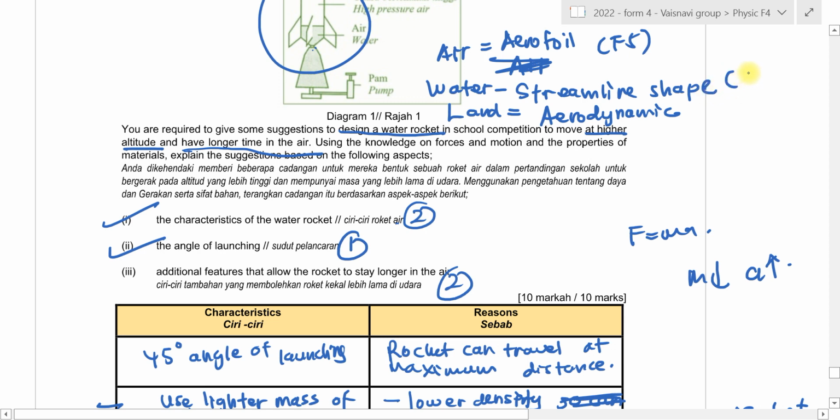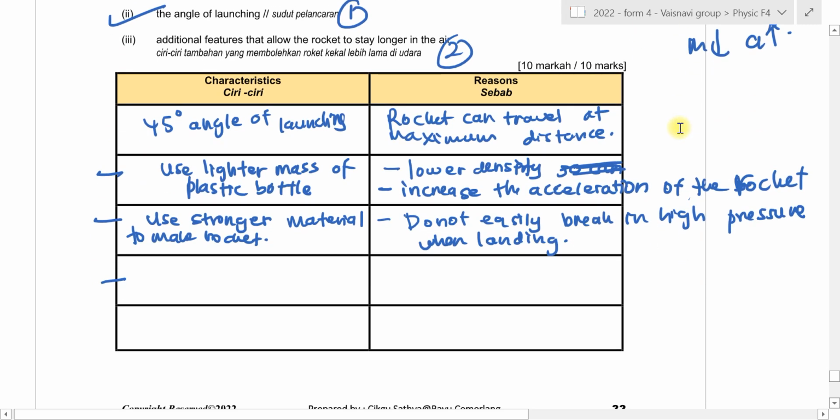Streamline shape kita tak belajar mana-mana lah. Yang ni, just you must have the knowledge. Aerodynamic ataupun water. Okay, sekarang water rocket ni, walaupun dia pergi ke udara, kita tak guna aerofoil lah. Aerofoil tak sesuai kita gunakan untuk roket air. Jadi kita guna aerodynamic shape. Okay. Selalu guna aerodynamic shape. Okay. Because aerodynamic shape ataupun streamline, dia akan reduce the resistance. So if you reduce the air resistance, dia boleh pergi lagi jauh. Rintangan udara. Okay. Aerodynamic shape.